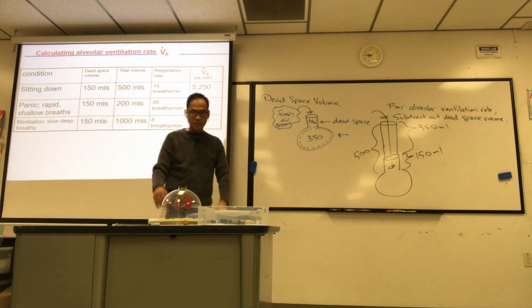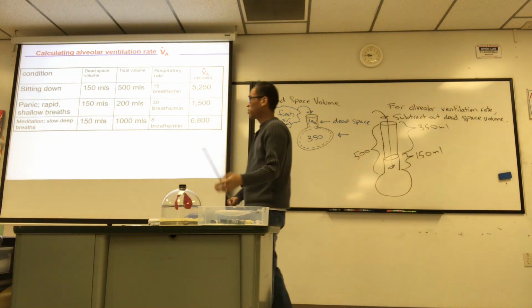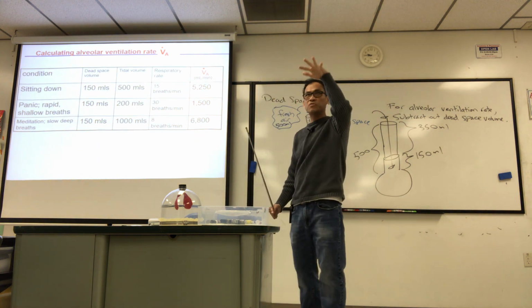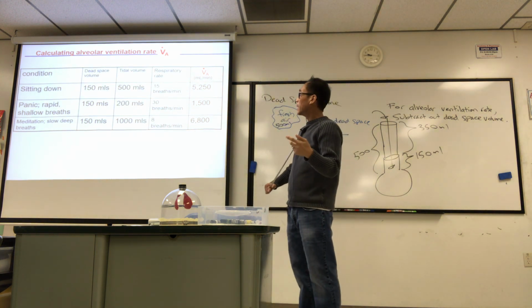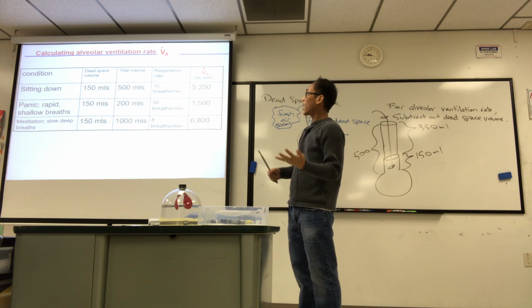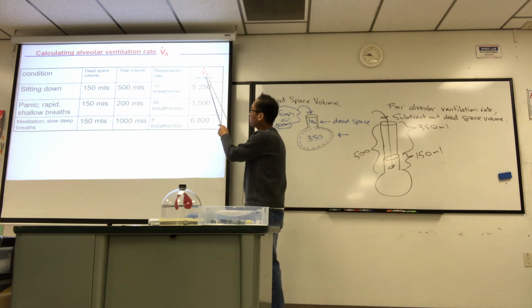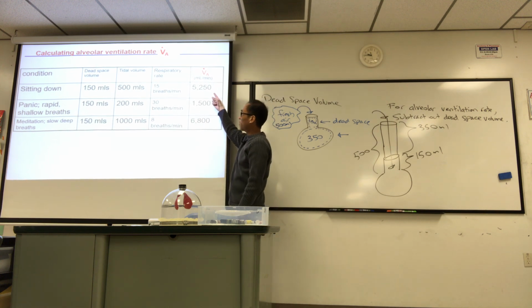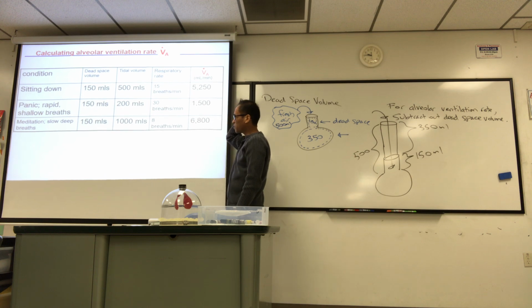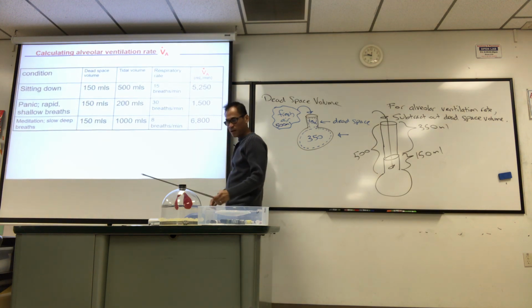You might want to monitor your patient's respiratory rate. Just look for their chest to rise and drop. It's not hard to do. Then you can calculate out. This symbol is for alveolar ventilation rate. V sub A with a little dot above it symbolizes alveolar ventilation rate. And so here's the math.